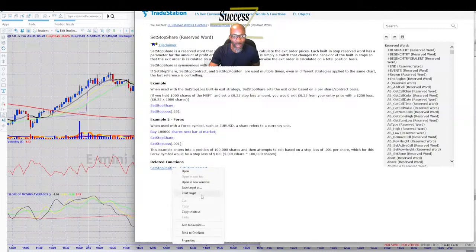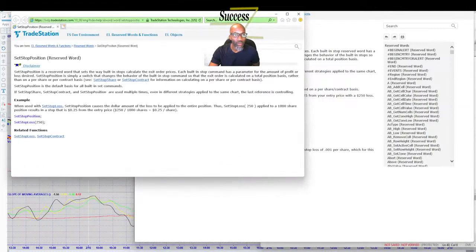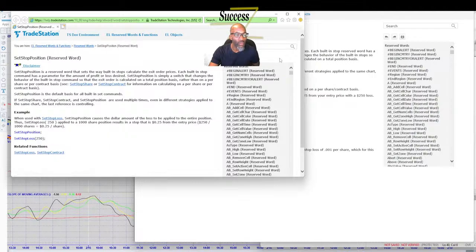Maybe you set stop position? No, that's for the whole position and not per share. Yeah, so it's for the amount of profit or loss desired.